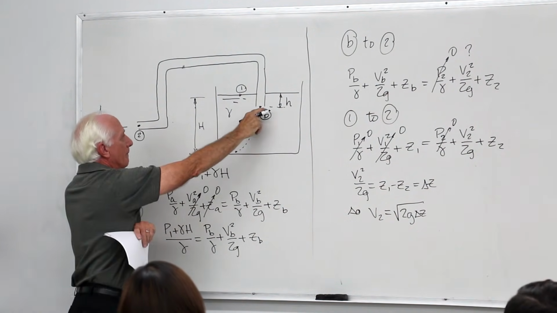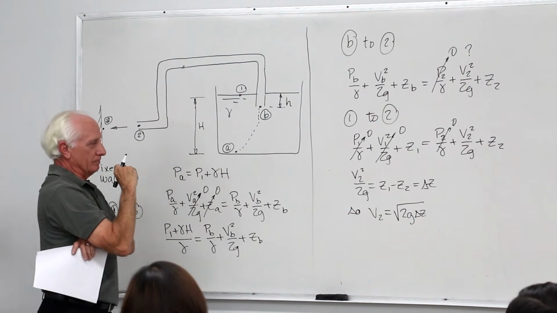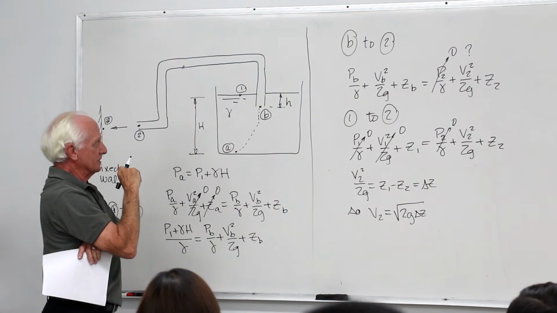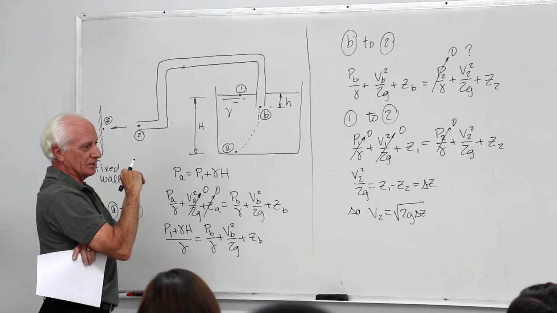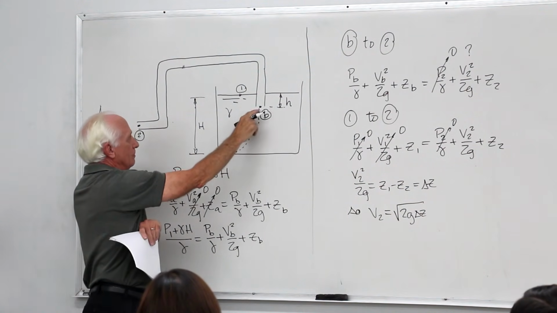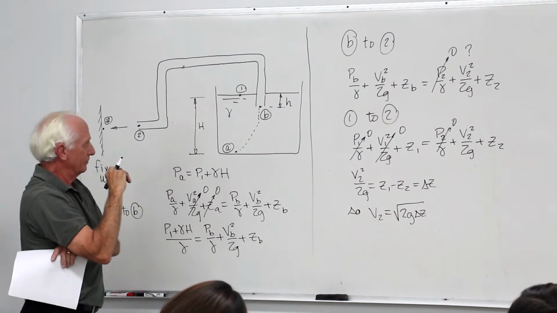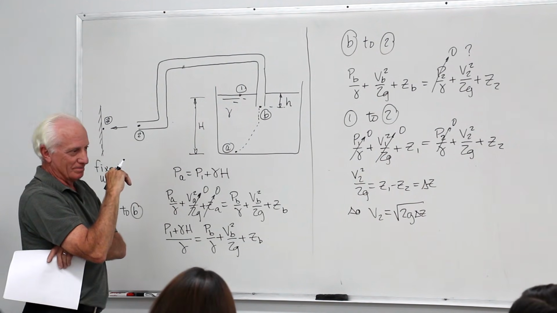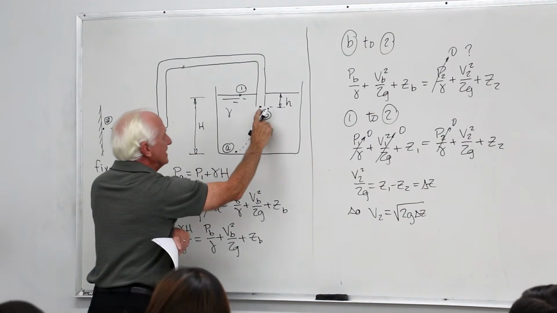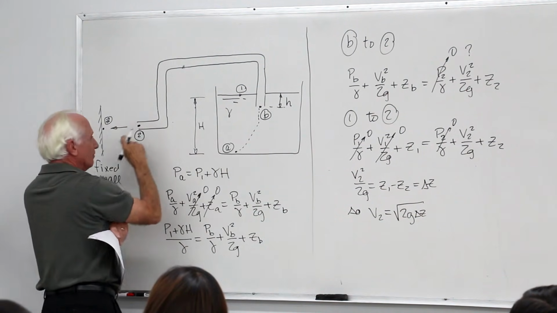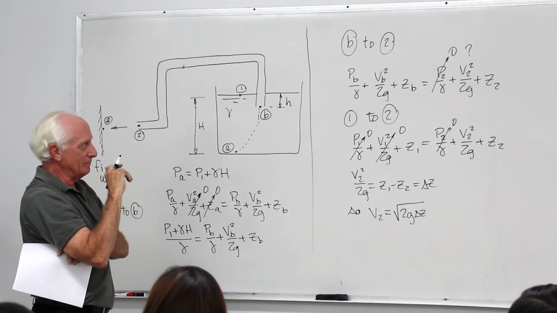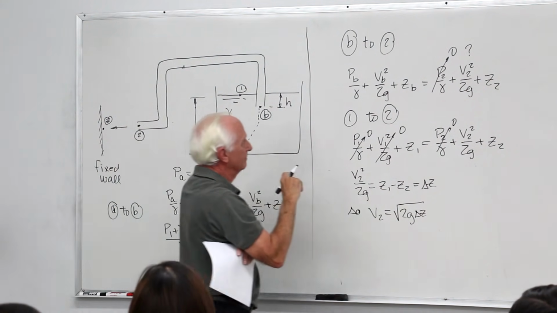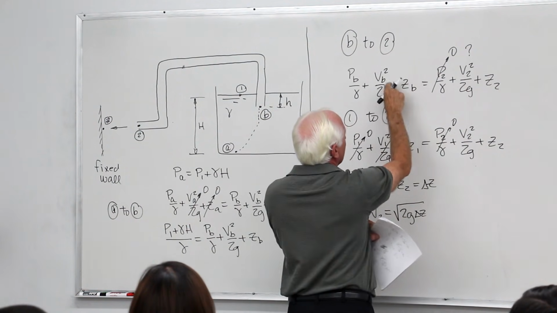M dot B equals M dot 2. Is it incompressible? Yes, it is. Rho cancels out. QB equals Q2. Is it the same area? Yes, same diameter pipe. So VB equals V2.